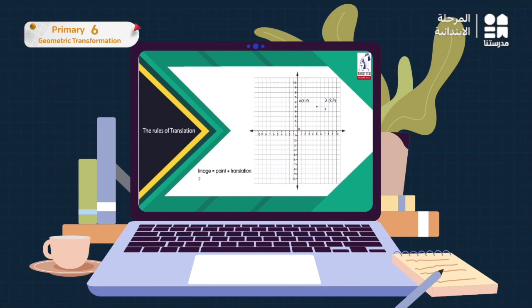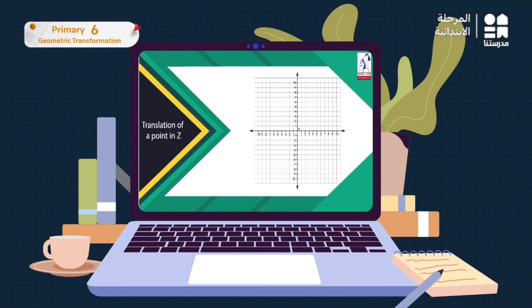In the coordinate plane, by a fixed translation value, through adding the value of x of the coordinates of the point to the value of x of the translation value, and the same for the value of y, where the image equals the point plus the translation.